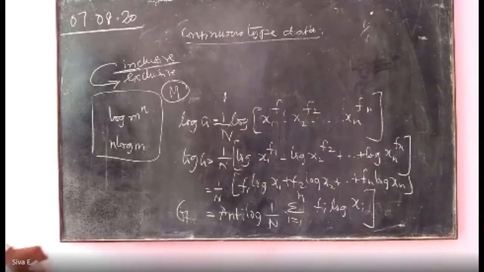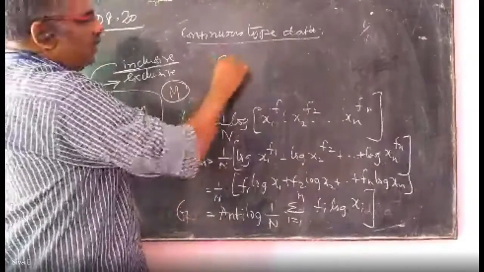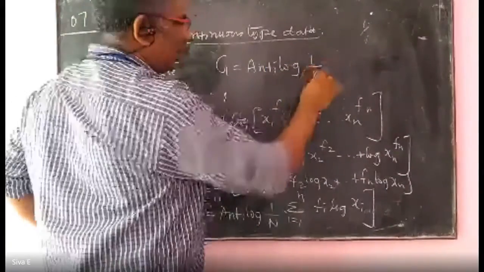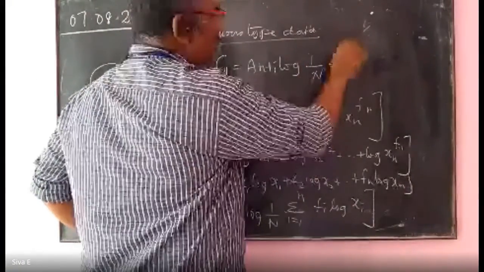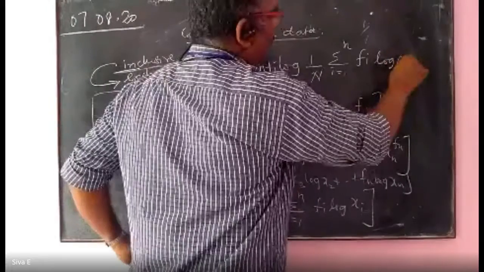So for the continuous type data, G equals anti-log of 1 by N summation of i equal to 1 to n fi log mi.